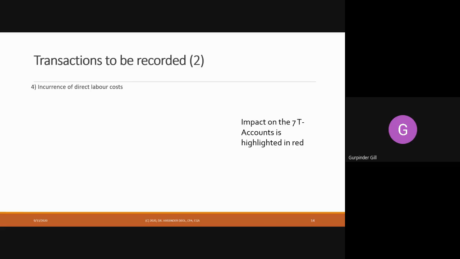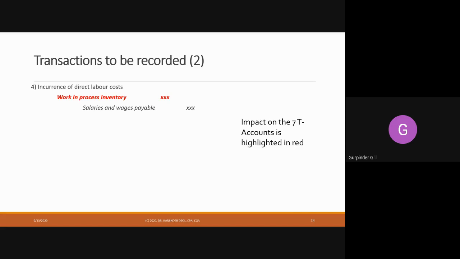Then if we have labor cost, your labor cost could also be direct as well as indirect, so the same idea would apply here. If your labor cost is direct, then we would debit work in process inventory and credit your salaries or wages payable.